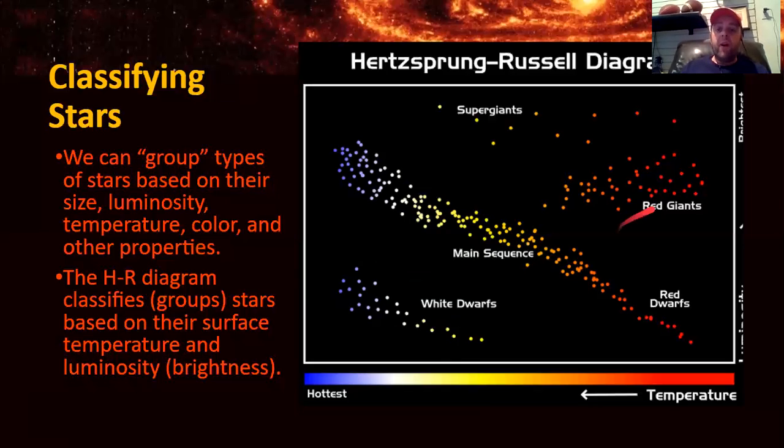Then you have your red giants over here, which are very bright, but not very hot at all, which are actually the remnants of low and medium mass stars. And then, of course, your supergiants, which are pretty hot, but also very, very bright, which are the remnants of these very high mass stars after they have left the main sequence.